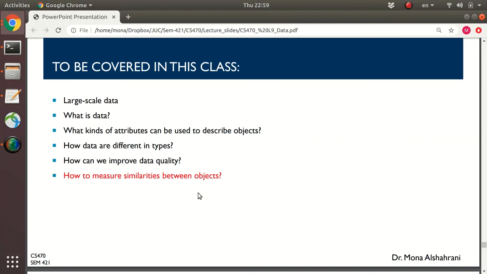There are several studies and works that depend on using similarity measures instead of the actual feature values. So I included this in this lecture as a way to improve the outcome of the machine learning algorithm.